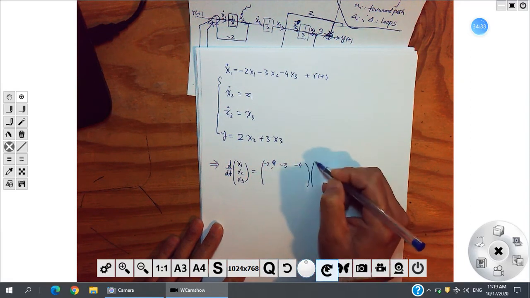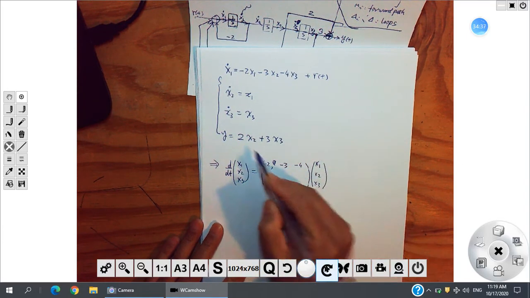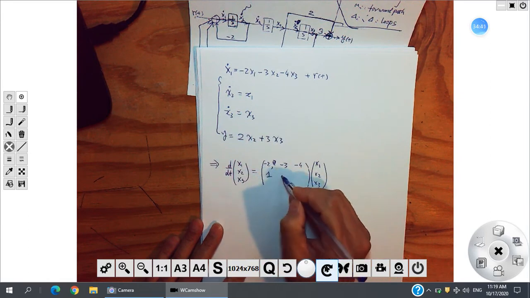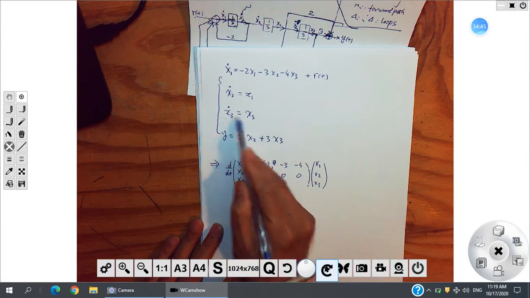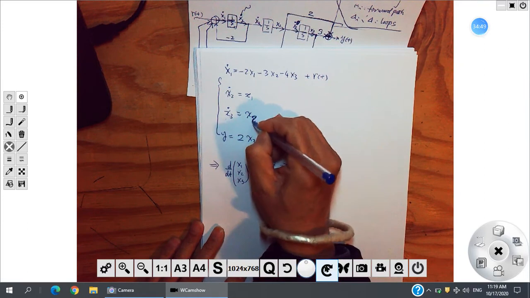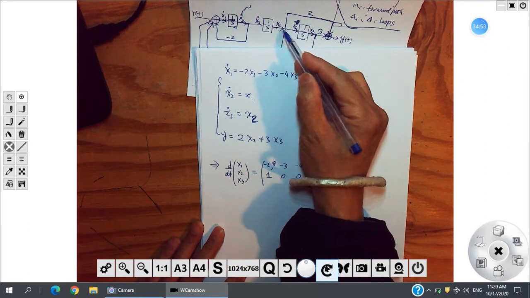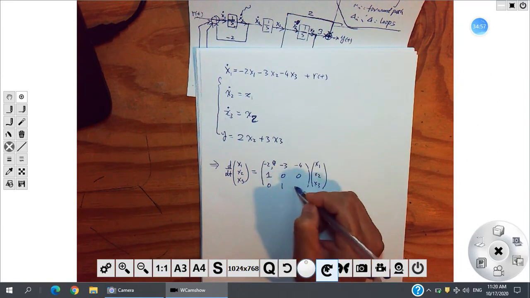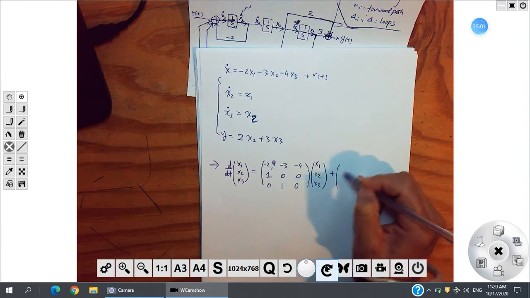Then x2 derivative is x1, no x2, no x3, and x3 derivative is x2. I put it wrong before. So this is a 0, 1, and 0. And x1 also contains one term of the input.